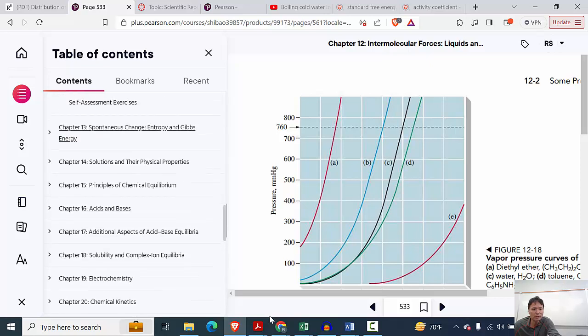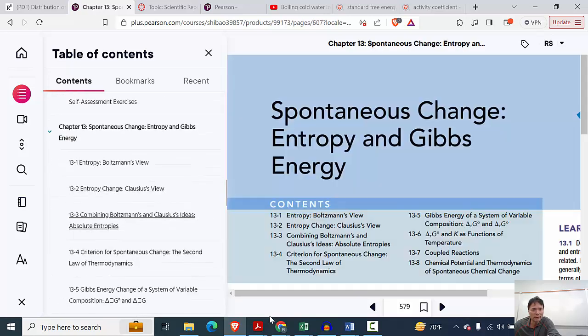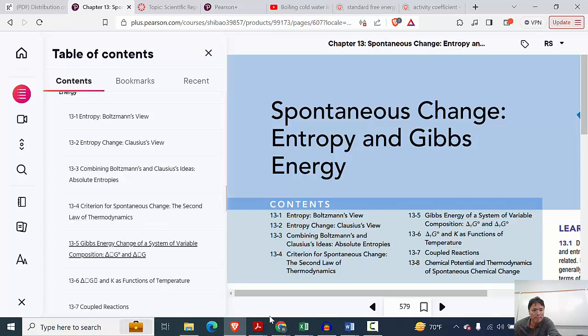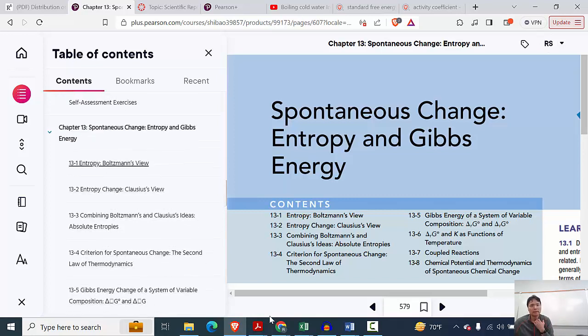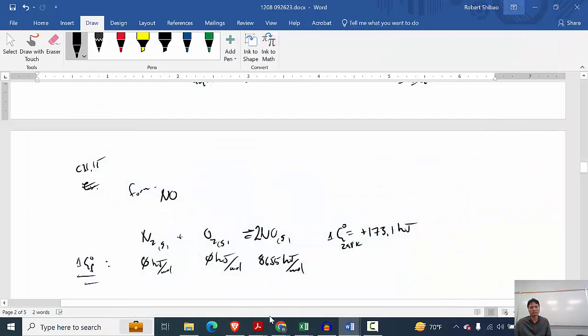A plus 173 is practically all what? All reactants, very little product. We could get a better idea if we look at K.